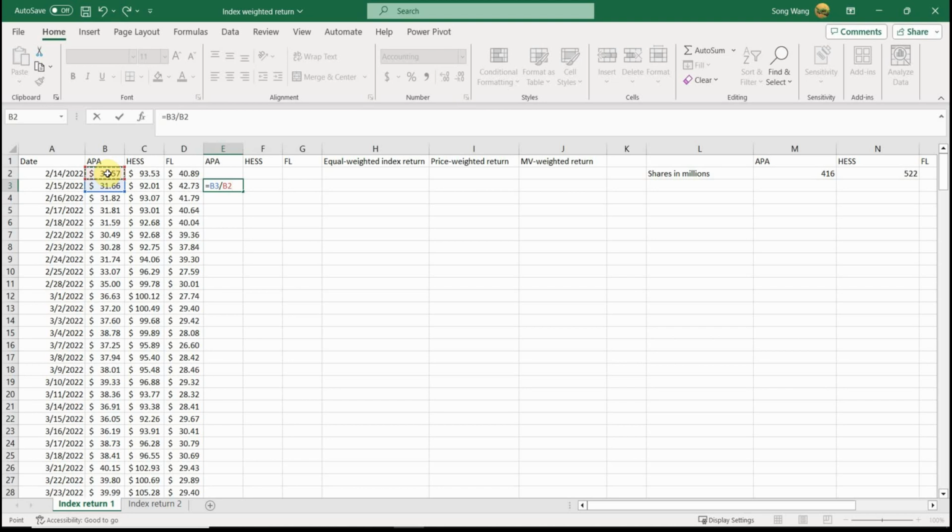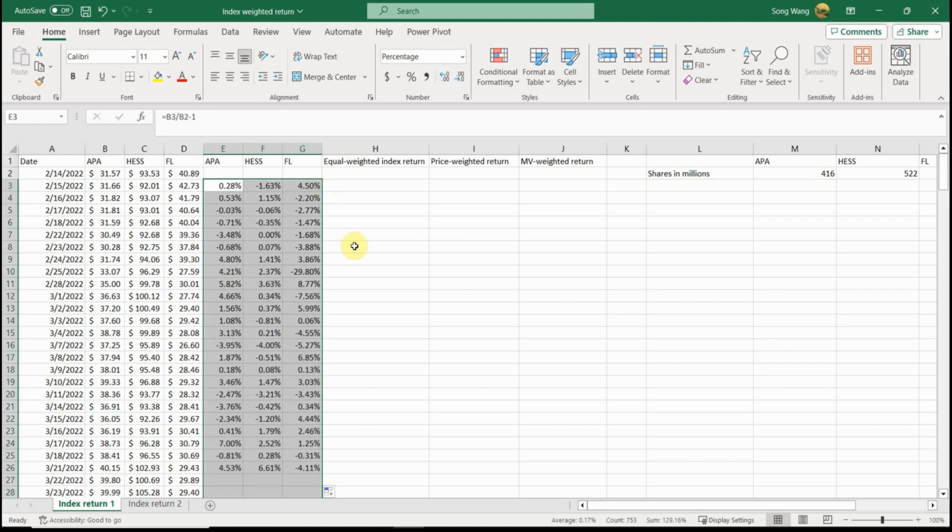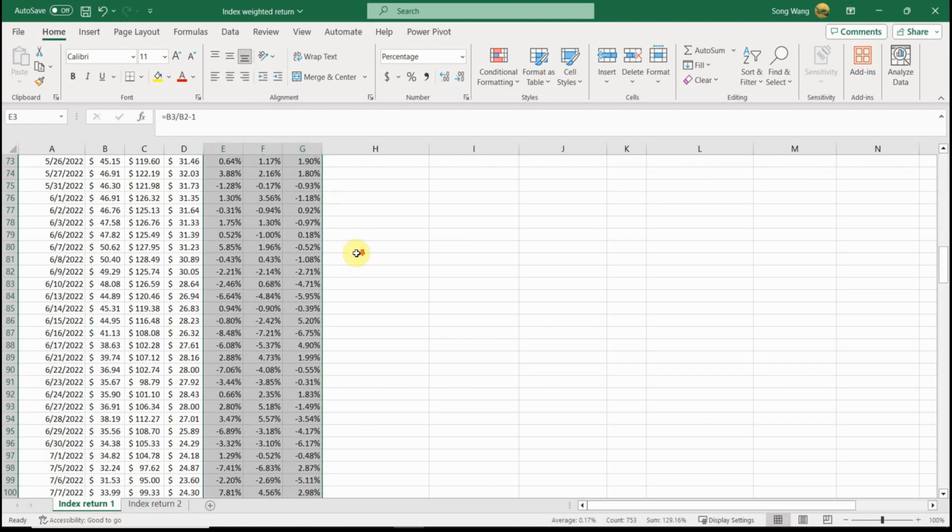Thankfully, these prices are ranked in ascending order, so the earlier ones are on the top, the later ones are down the bottom. Make sure it is in percentage. Drag it, increase decimal, then double click to replicate the results.